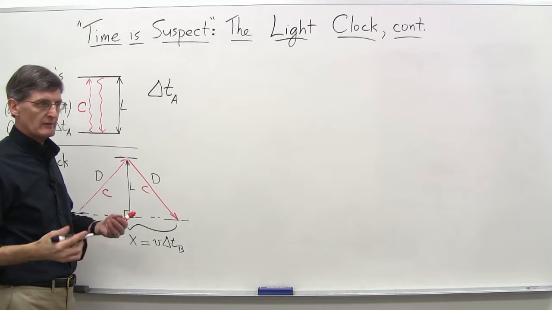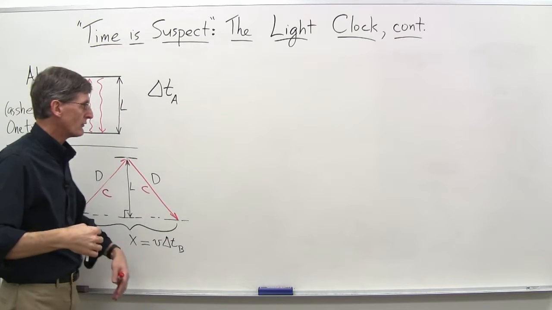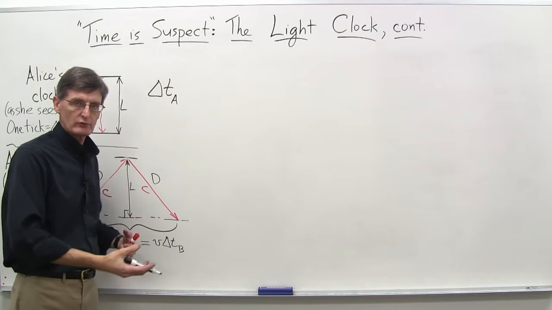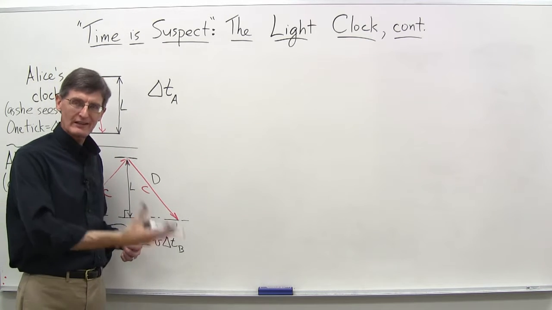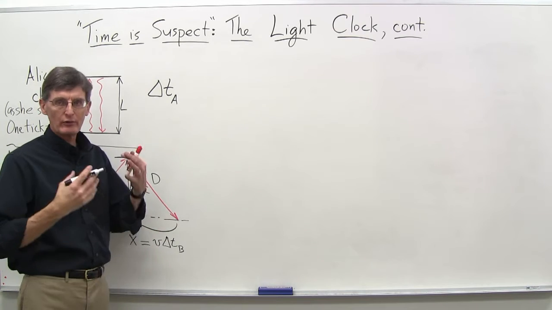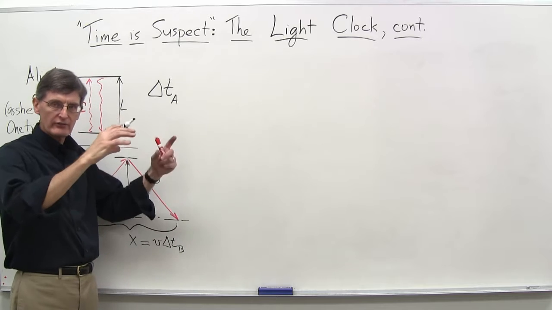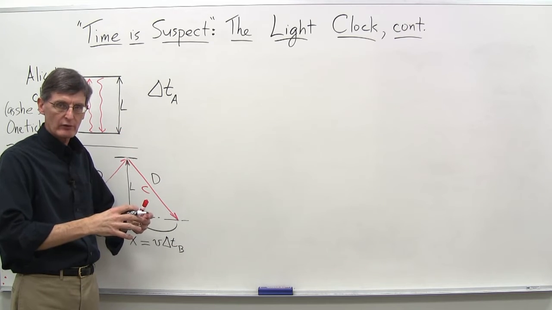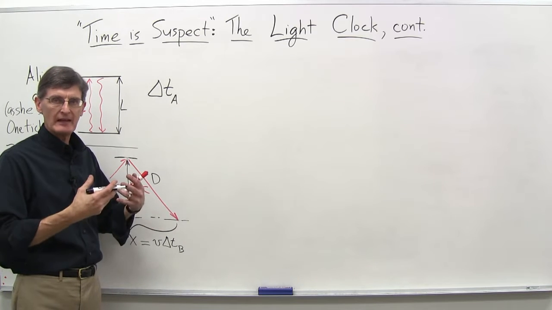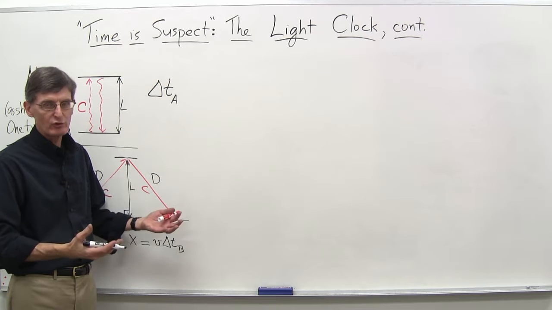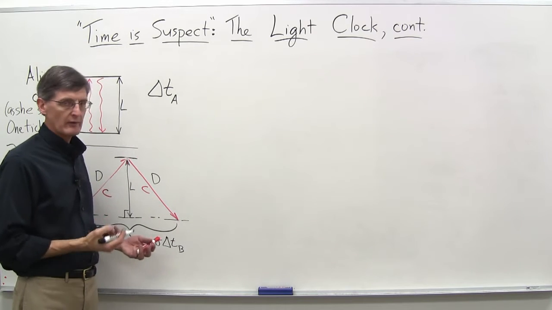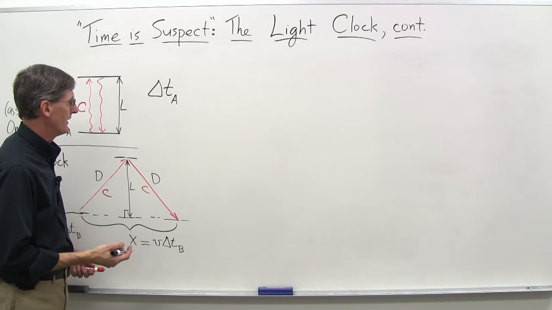We know if we have a distance to cover and we have a certain velocity, if we want to go 120 kilometers and we're going at 60 kilometers an hour, or if we want to go 120 miles, we're going at 60 miles per hour, we take the distance, divide by the speed we're going, and that gives us the elapsed time. So 120 divided by 60 is 2 hours, in either case.